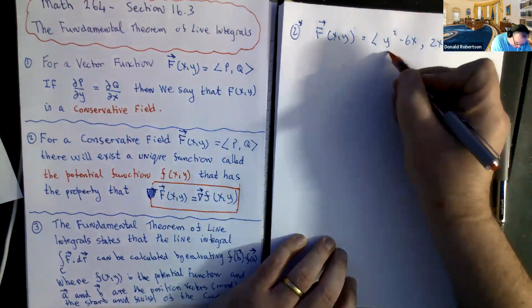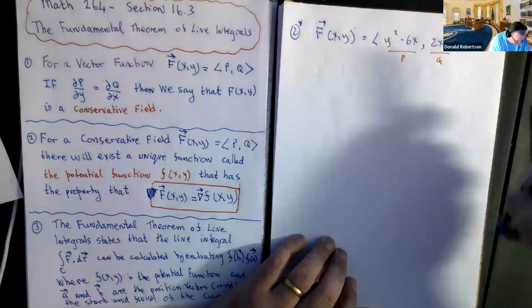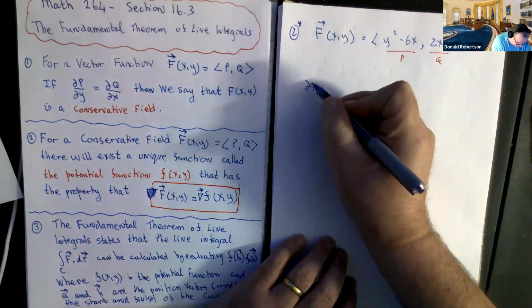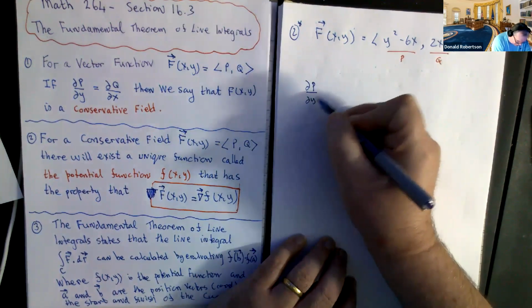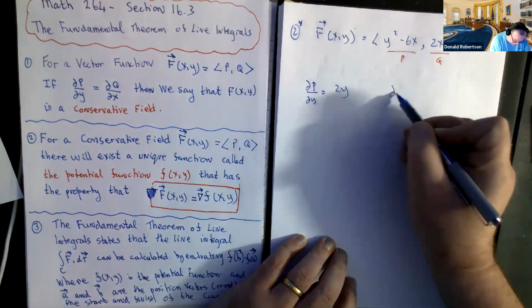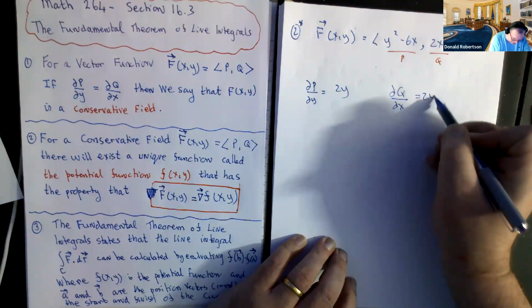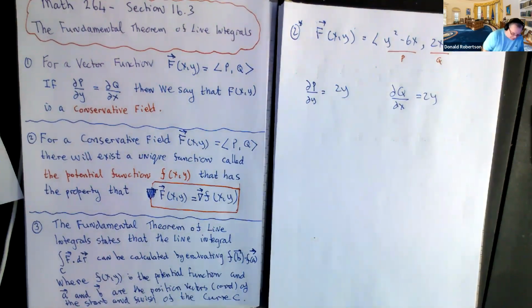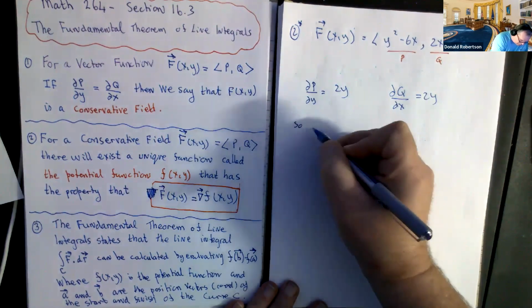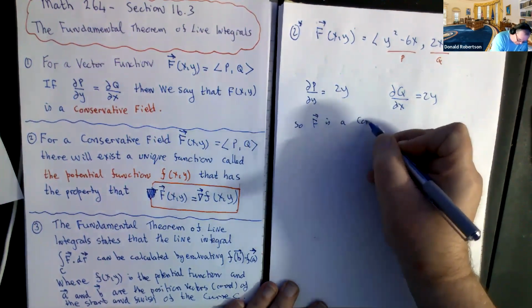And this is going to be P, and this is Q. So differentiate P with respect to y, and I get 2y, and I'll differentiate Q with respect to x, and bingo, they are equal. So we can conclude that F is a conservative field.